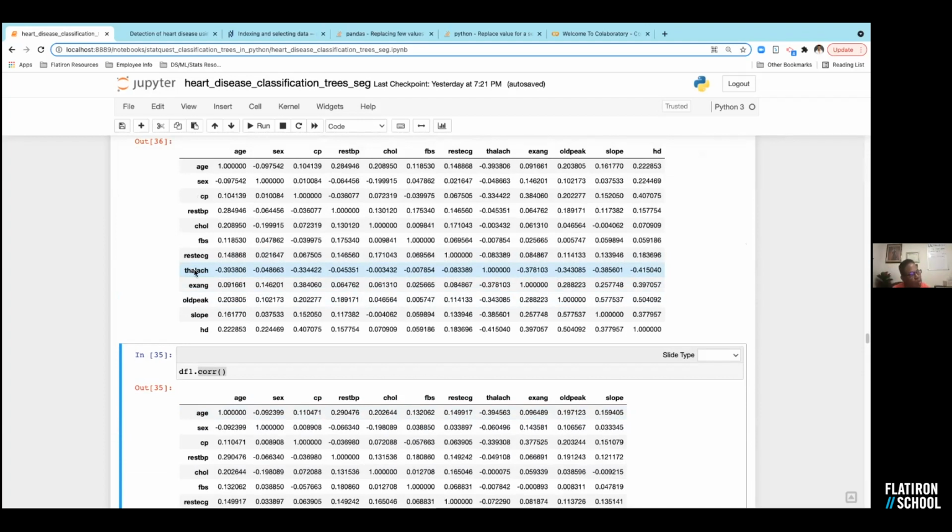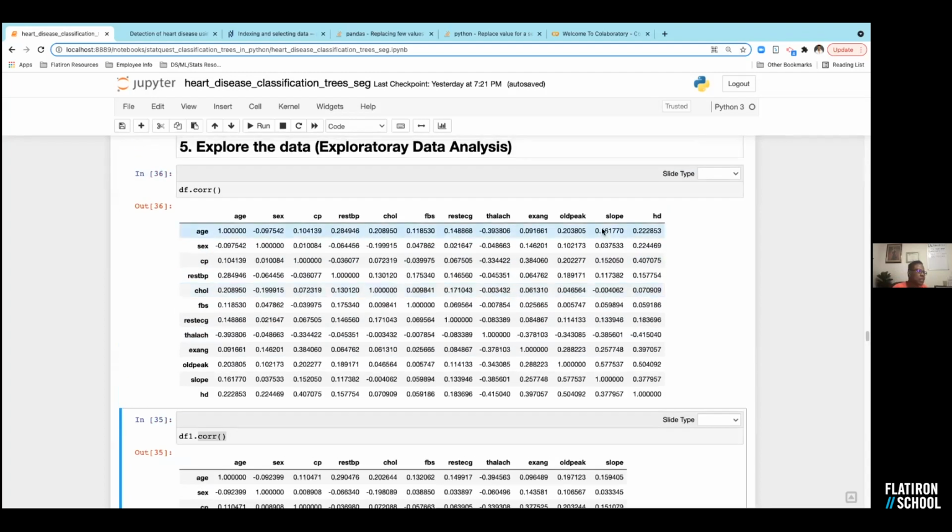And that's the only one actually that has a negative relationship with heart disease. So now in this case, in this data frame, it's still not the binary measure, right? We still have, I think, 1, 2, 3, 4. So the higher number, well, I don't know, they just classified it 4.